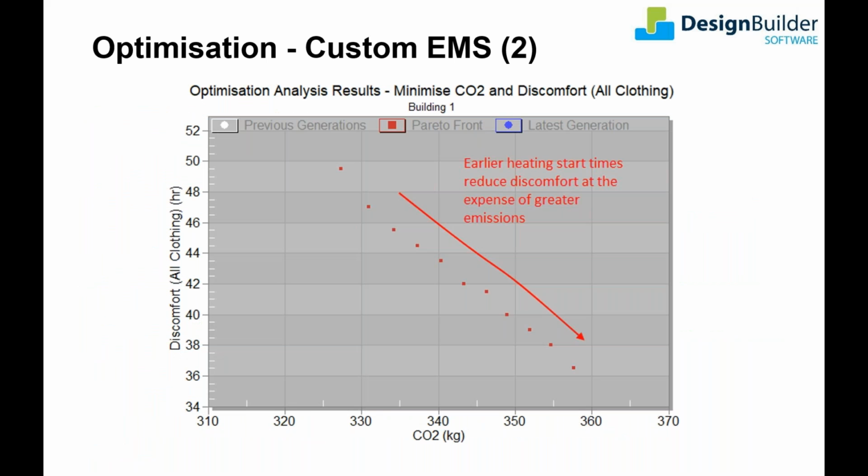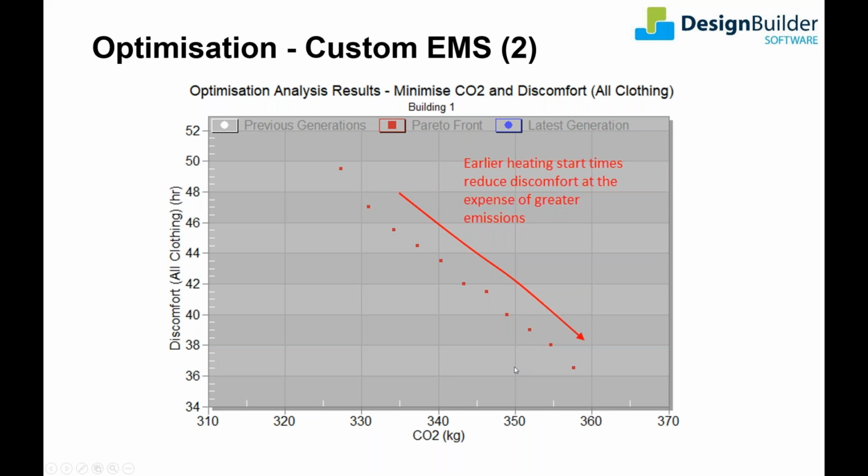Here are optimization results for a simple model that uses the script you just saw. This illustrates how earlier heating times reduce discomfort at the expense of increased CO2 emissions. The same method could be applied to a more sophisticated optimum start EMS script.